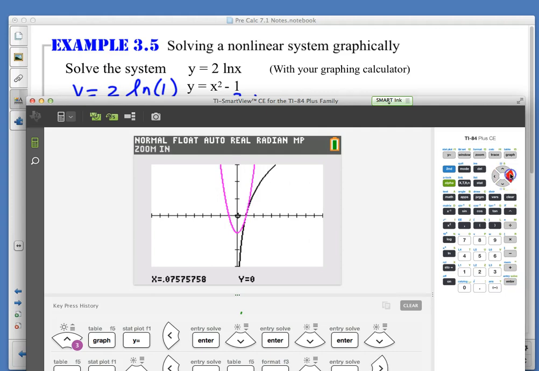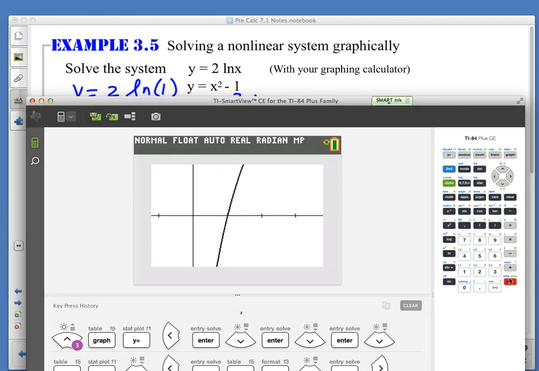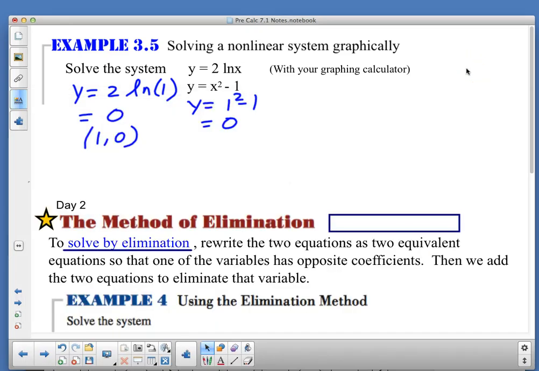If I pick where I want to zoom in, that area, just to make sure it doesn't cross funky, I can pick the area I'm going to zoom and hit enter. It'll zoom into that area, and I'll be able to see a little bit more visually that that's where it's coming in contact. But I also proved that my thought of 1, 0 is there by plugging them in the way I did, okay? Now, that's solving nonlinear systems graphically.